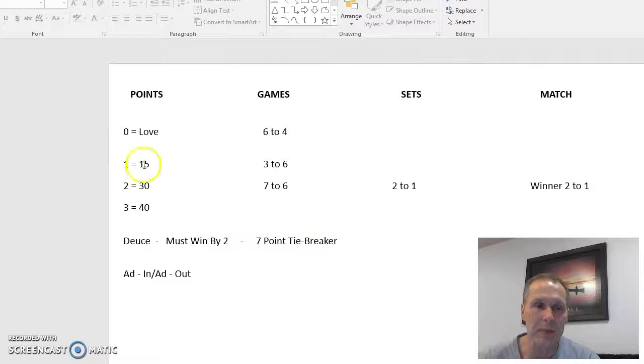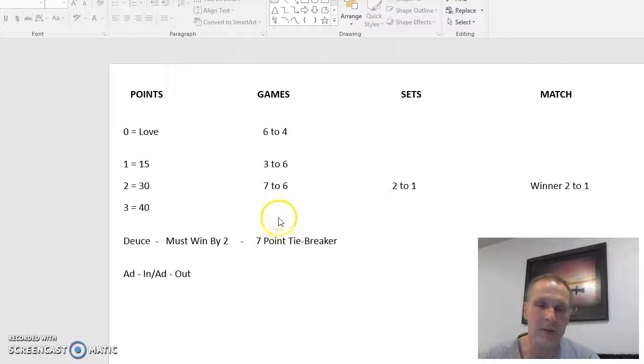And the points are just played going 1, 2, 3, all the way up to 7. Whoever wins those 7 points first will win that game, and then make that set 7-6. So they would win that set 7-6. In order for the tiebreaker to work, it has to be by 2 points again.